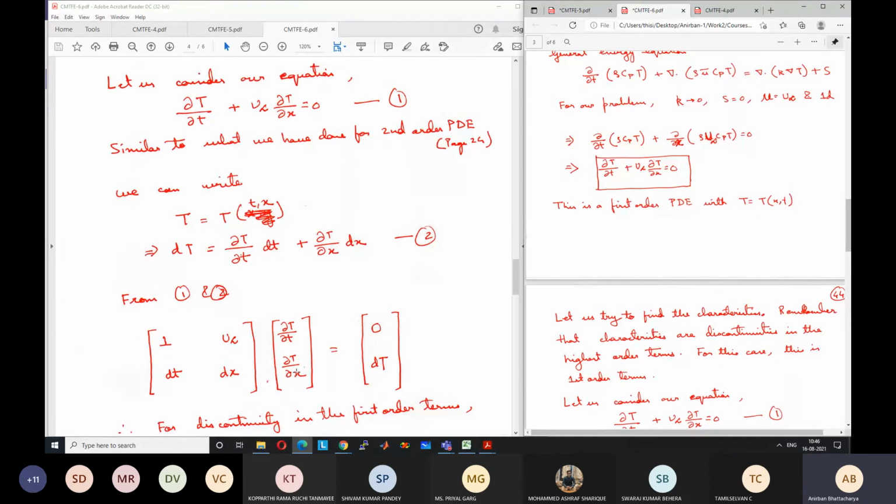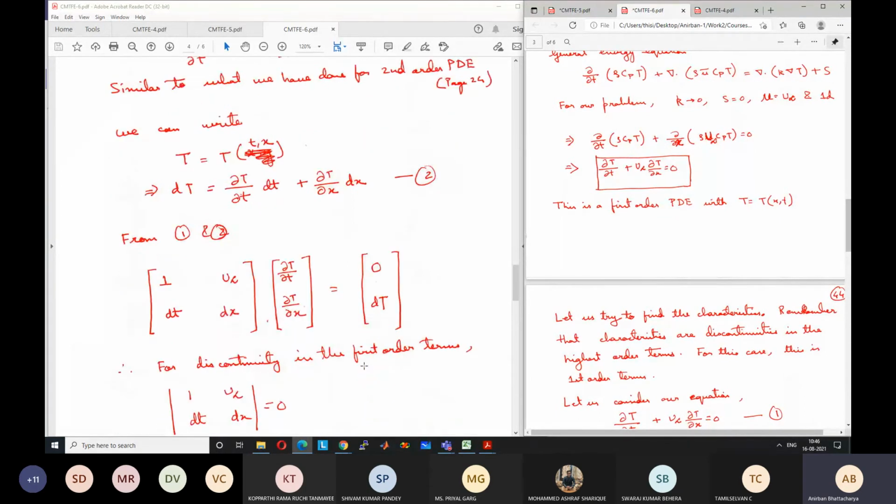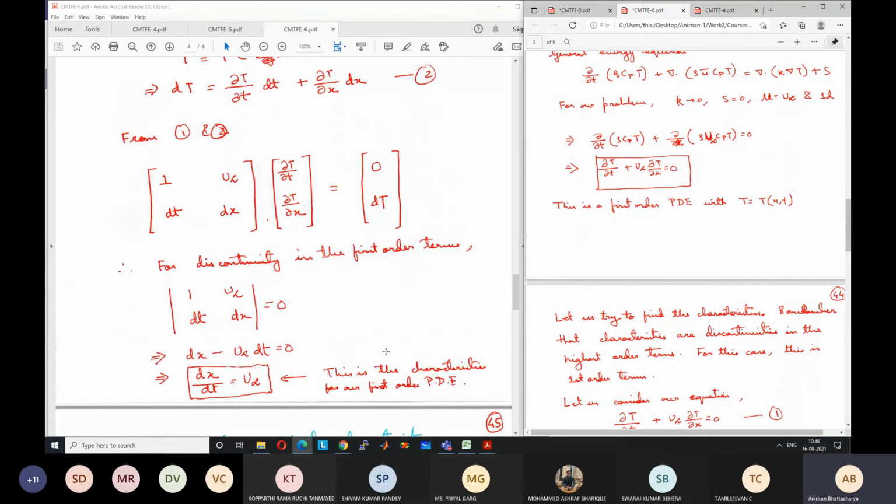For discontinuity in the first order term, it means that there is no solution for these first order terms. When can that happen? We have seen that it happens when the coefficient matrix has a determinant equal to 0. This is of the type A T equal to B, so T is equal to A inverse B, and we cannot find A inverse when this determinant is 0.